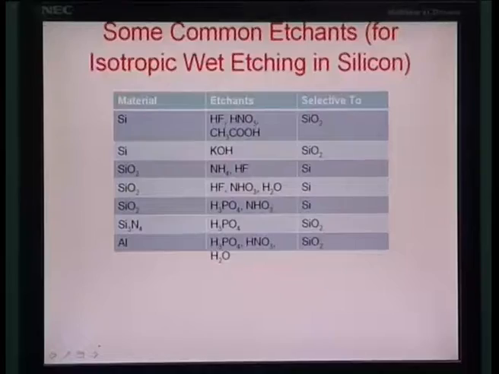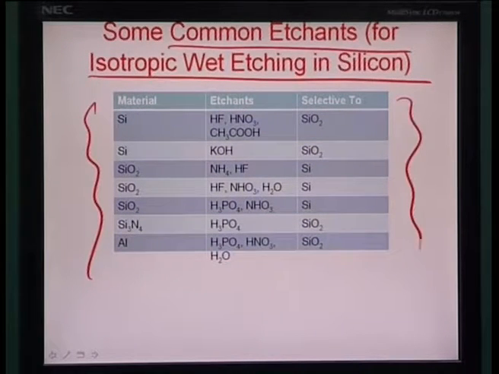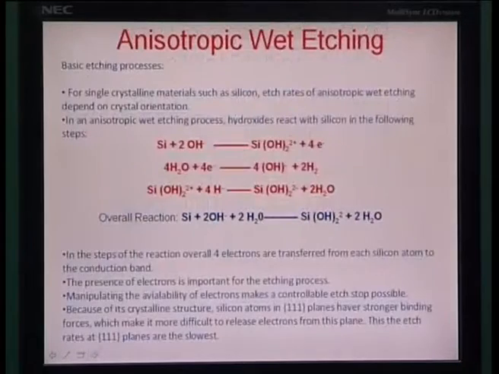These are some of the common etchants for isotropic wet etching in silicon, as you can see here, and what it is selective to. I have just compiled the table that was illustrated before, and the second technique that I would like to point out is called anisotropic wet etching.